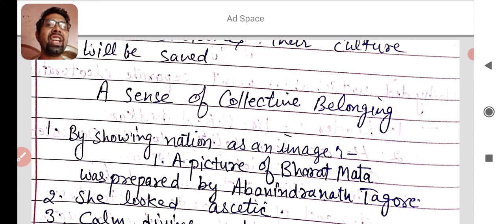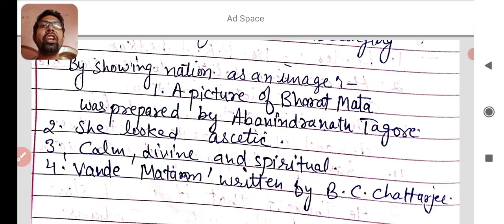For such a purpose, the solution was showing a nation as an image. And to show India as a nation in an image, a picture of Bharat Mata was prepared by Abanindranath Tagore. It was firstly conceived by Bankim Chandra Chatterjee, but during the Swadeshi movement, it was painted and glorified by Abanindranath Tagore.